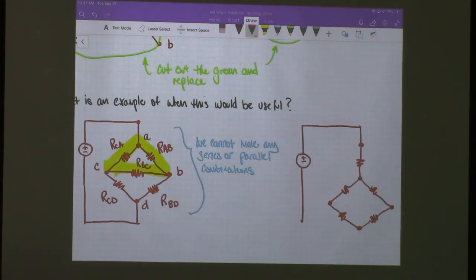So this is point A, this is point B, this is point C, this is point D. This is going to be a new value. This is going to be a new value. This is going to be a new value. We haven't talked about how to define those yet. This is RBD, and this is RCD. Okay? So your original ABC now has become that.